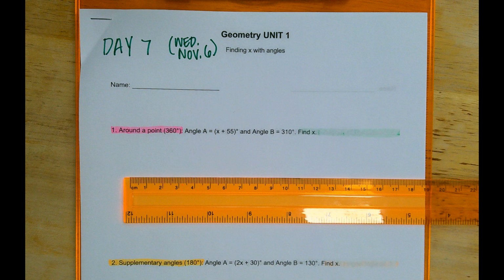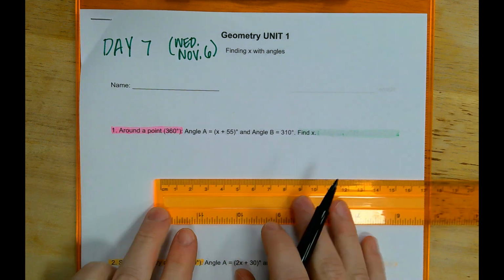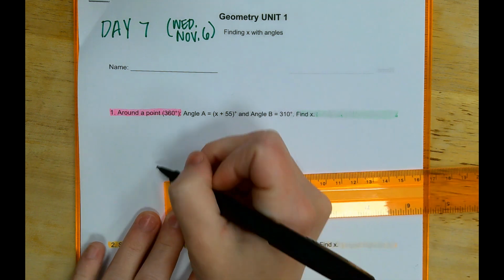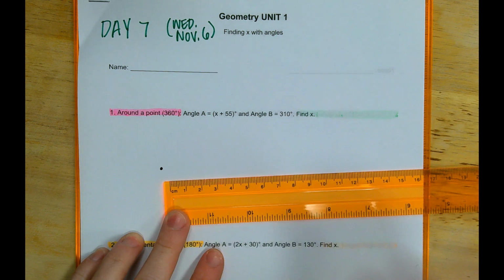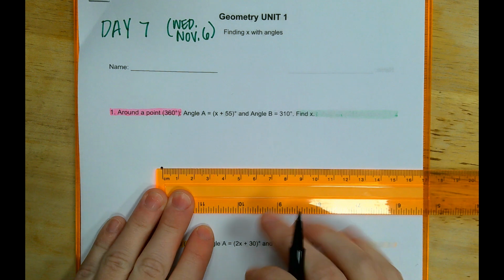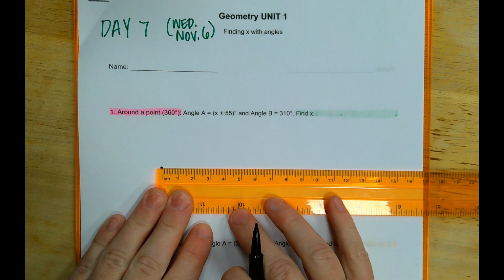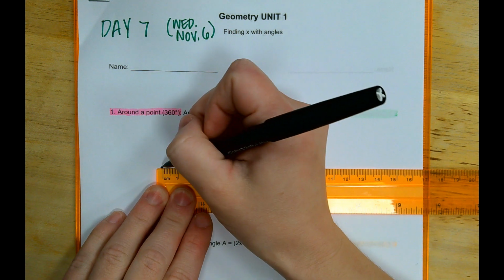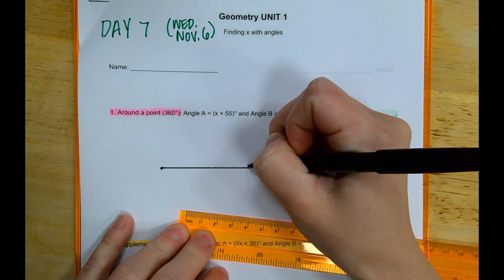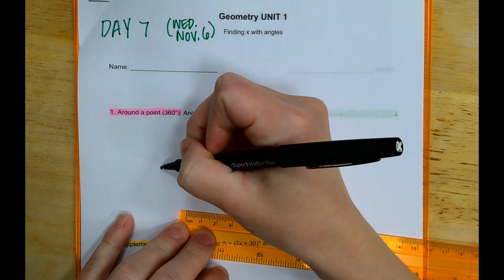You want to start with the middle of our point where the angles are starting. And you make your line kind of straight across, like that. So we'll start with a ray.